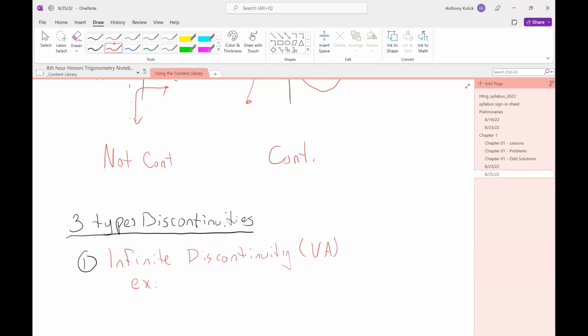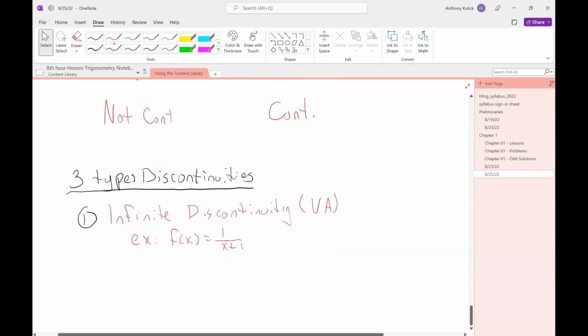So for example, if you have f of x equals 1 over x plus 1, there's your infinite discontinuity.